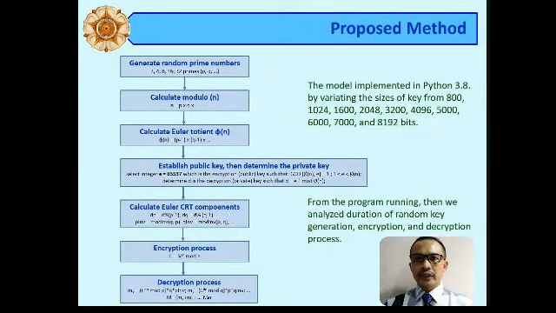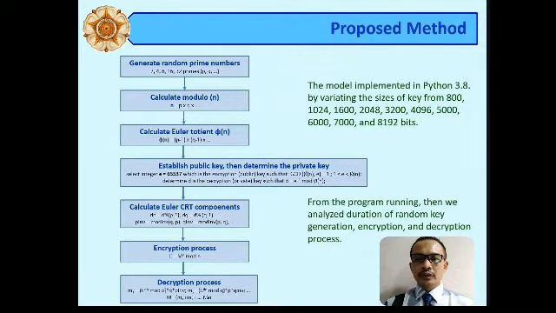In this slide, I will tell you about our proposed methods. We know that an RSA algorithm generates random keys, the public key and private key, based on only two prime numbers.